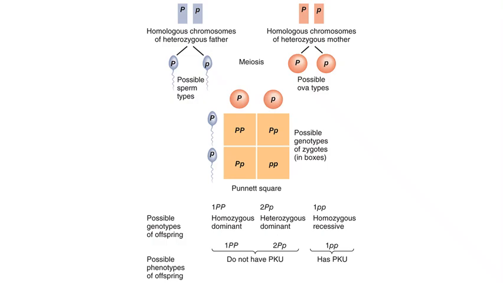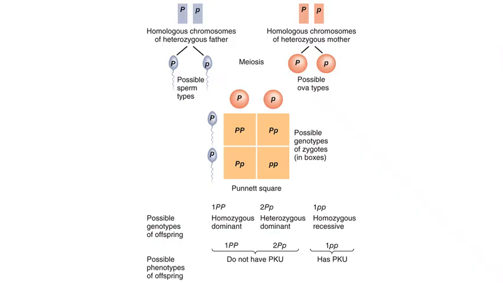Two capital P's is homozygous dominant, and two lowercase p's is homozygous recessive. An individual with different alleles on homologous chromosomes, so big P, little p, is heterozygous. This combination is what contributes to the phenotype, the physical, outward expression.